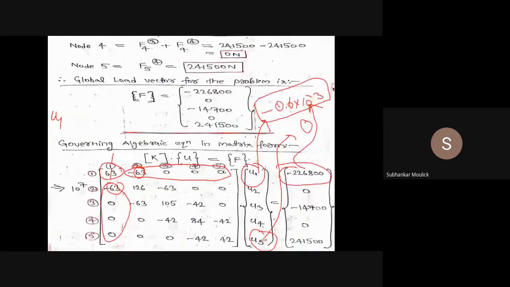So if I see the second row, this RHS is equal to 0. It cannot be equal to 0, because if it is equal to 0, you will not get the value of u2. So somehow you have to make this 0 a finite number.